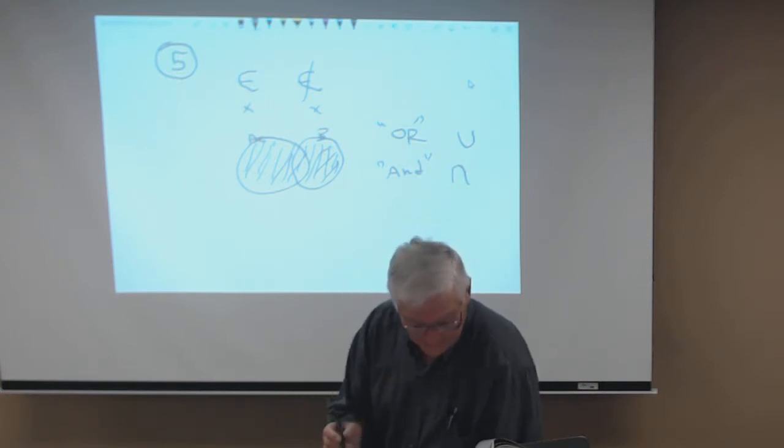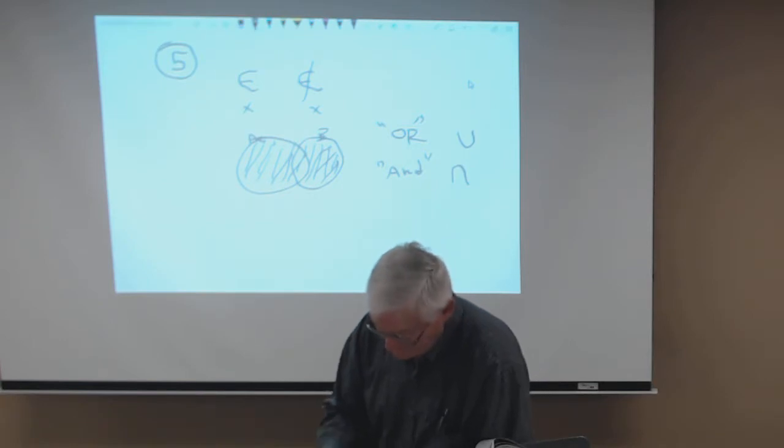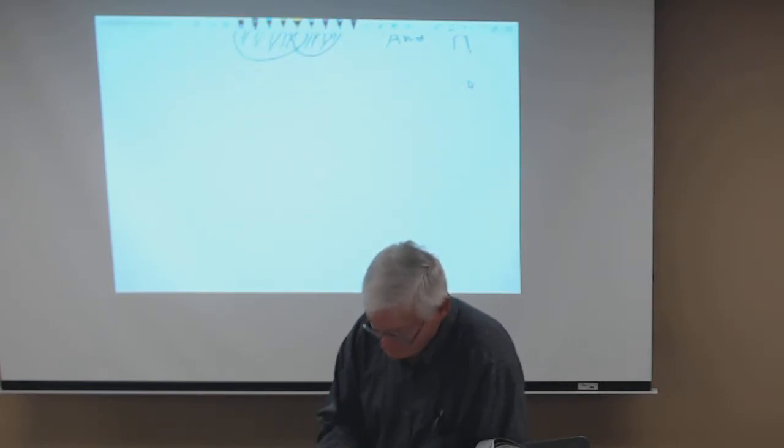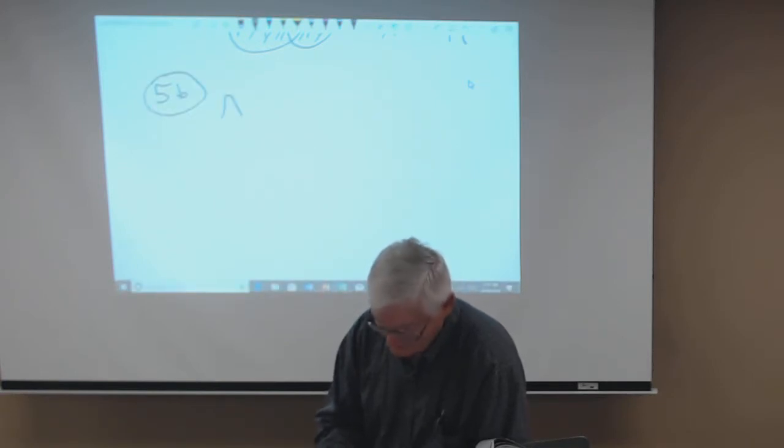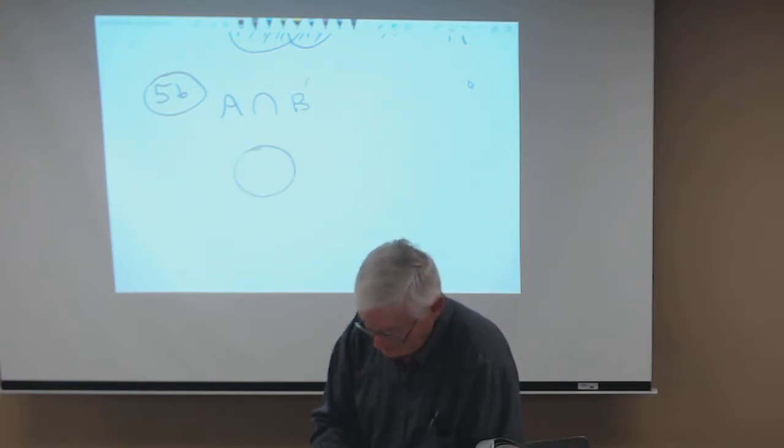So look at 5B, the intersection. A intersect B complement. So I draw 2 pictures, A and B. Put a universe around them.